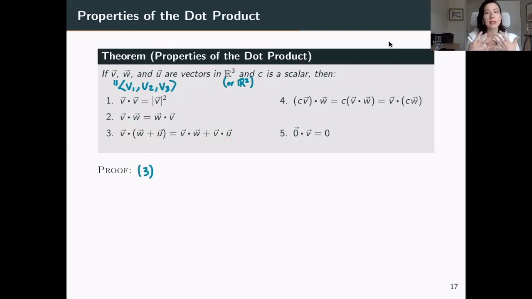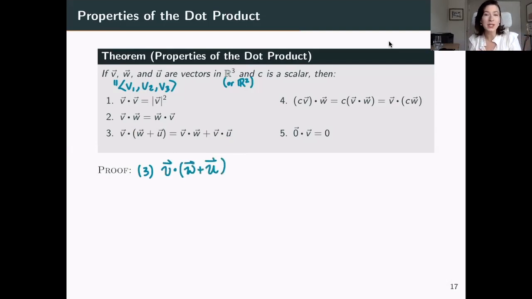We have a special definition for what multiplication is for these things that are very different than scalar numbers. They're vectors. So to prove this statement, we go ahead and start off with knowing that we want to examine v dot w plus u.